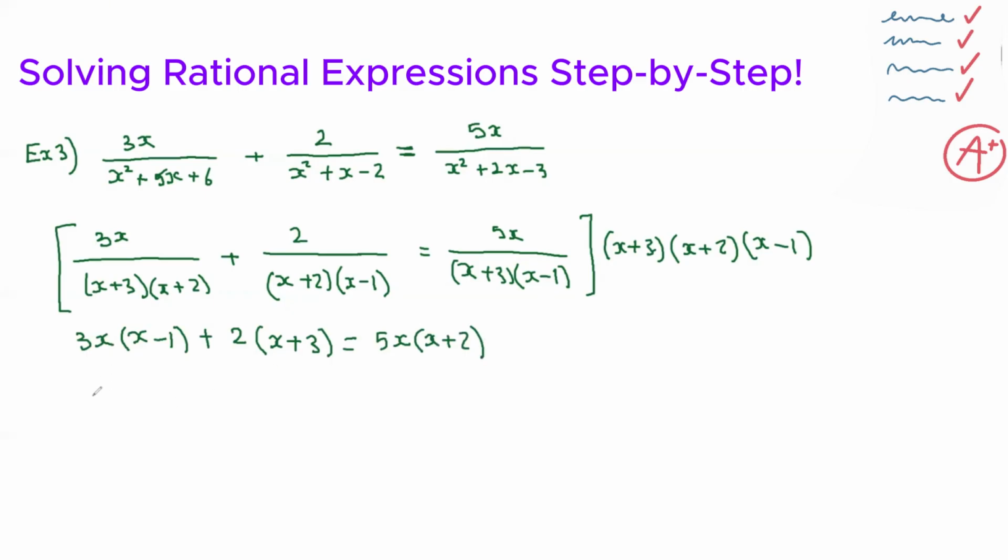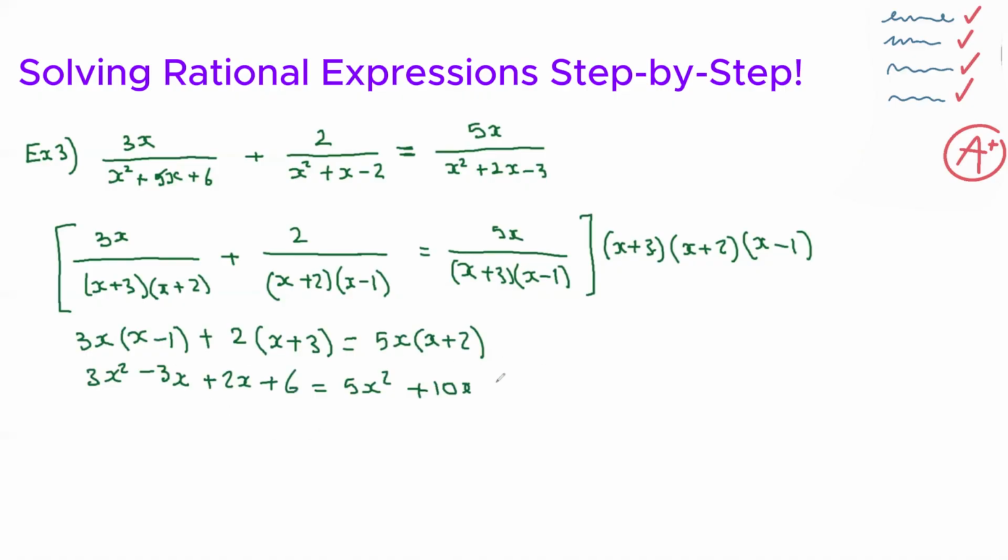Now just distribution and then collecting like terms. Most likely it will equate to 0. We'll have a quadratic that we have to factor from the way I'm seeing it. So 3x² - 3x + 2x + 6, so I'm just distributing, equals 5x² + 10x.